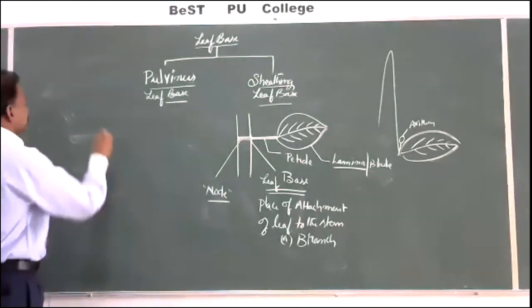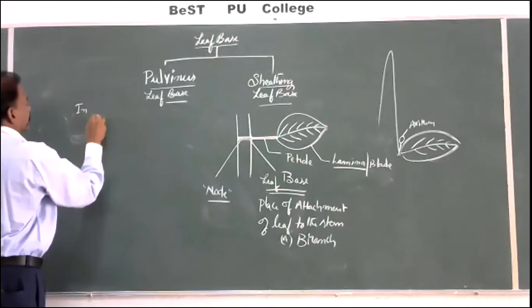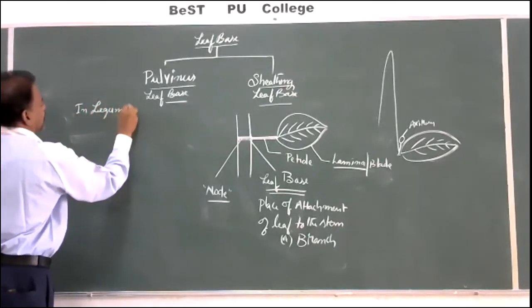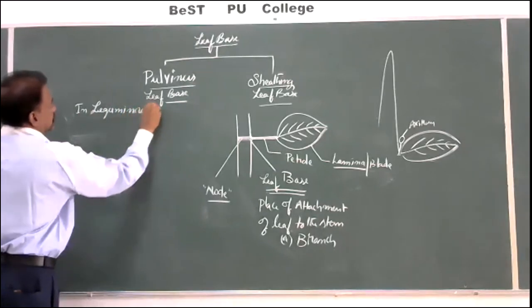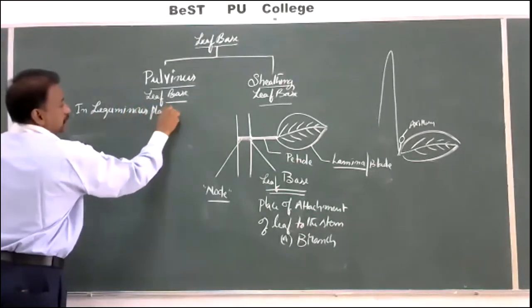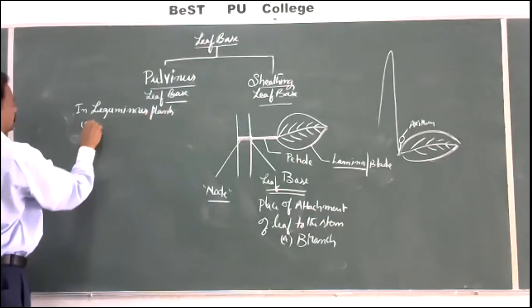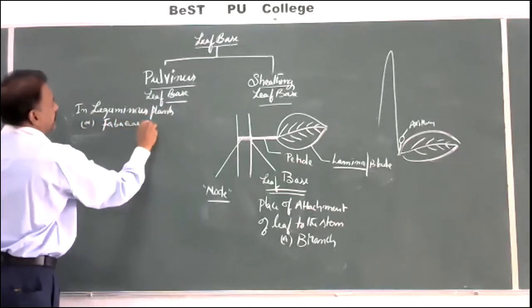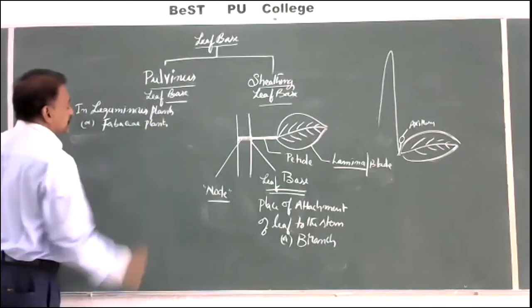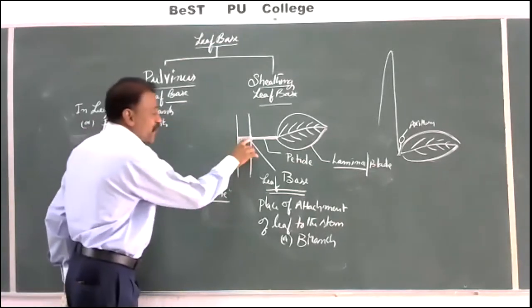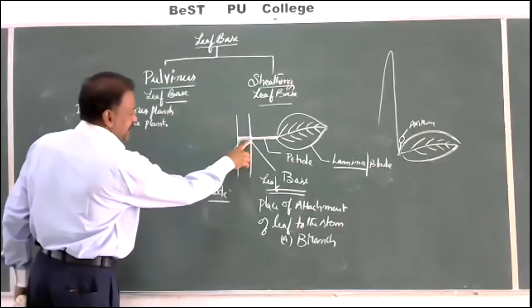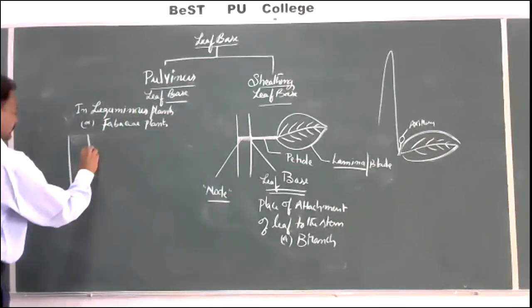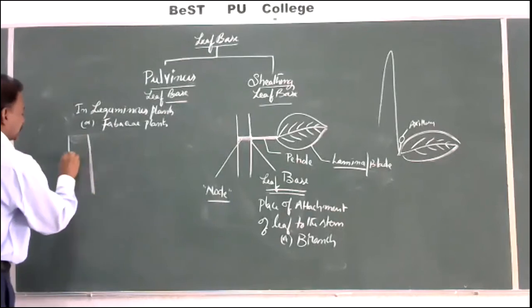Pulvinous leaf base. In leguminaceae plants or fabaceae plants, generally the base is swollen. This area I wish to show you here. This is the base.